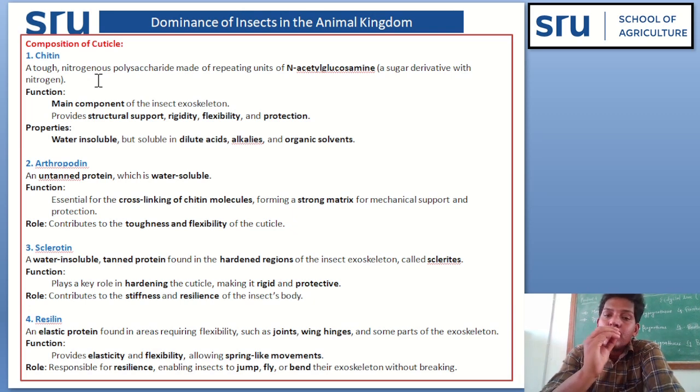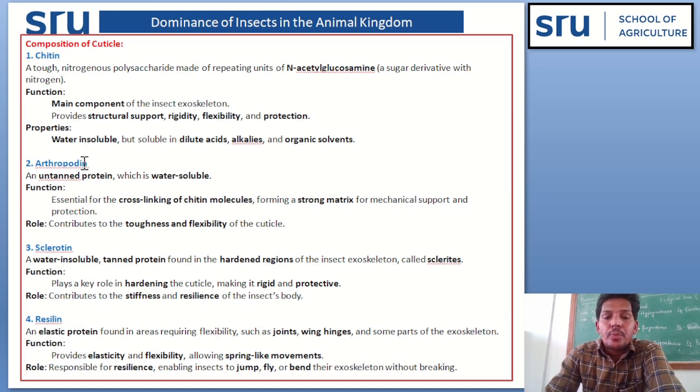Several N-acetyl glucosamine units combined form chitin. What is the function of chitin? It is the main component of the insect exoskeleton and provides structural support, rigidity, flexibility and protection to the insects. Without chitin, there is no rigidity in the body wall and no protection for the insects.